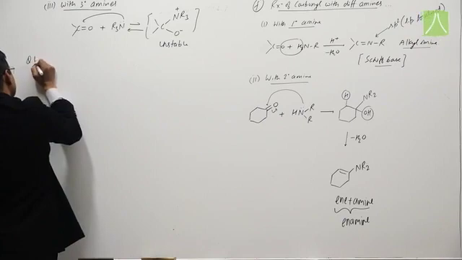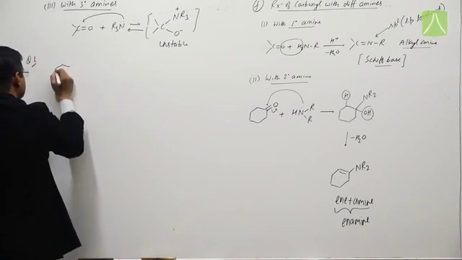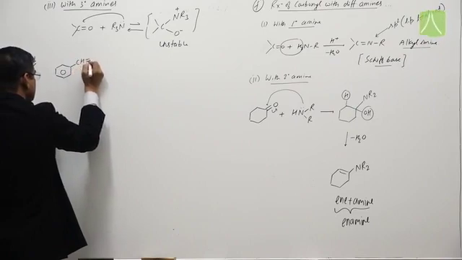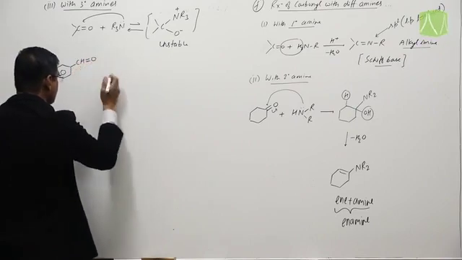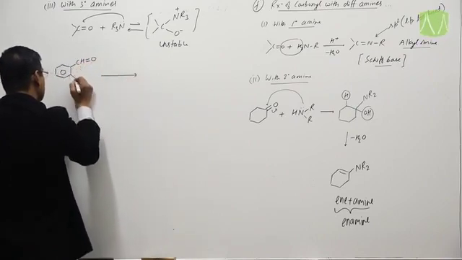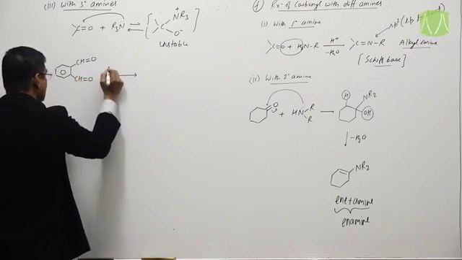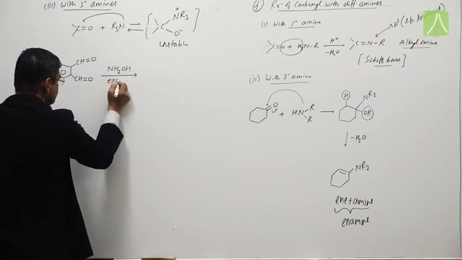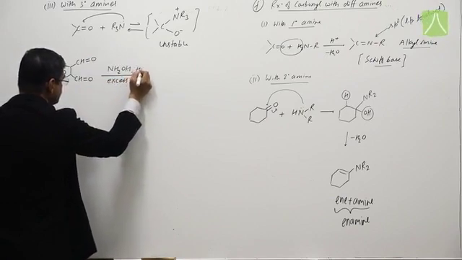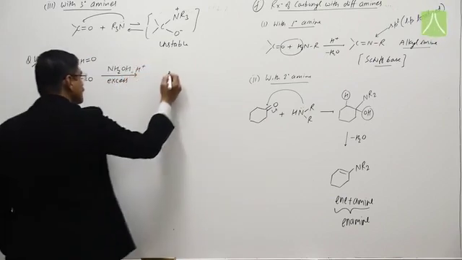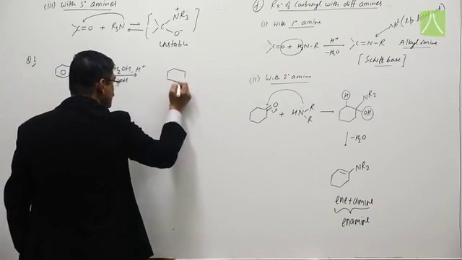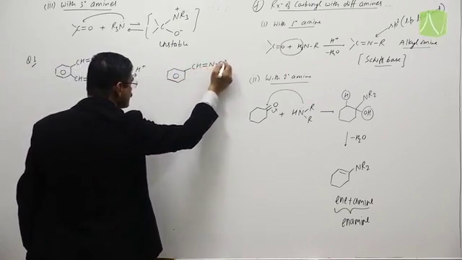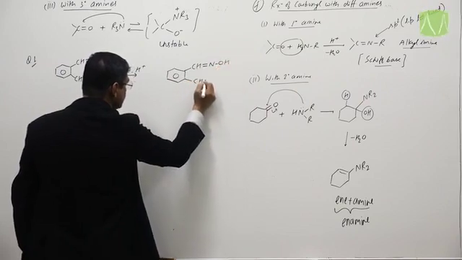Suppose I take example number 1, with NH2OH. So there are 2 aldehyde groups. So dioxime is obtained.